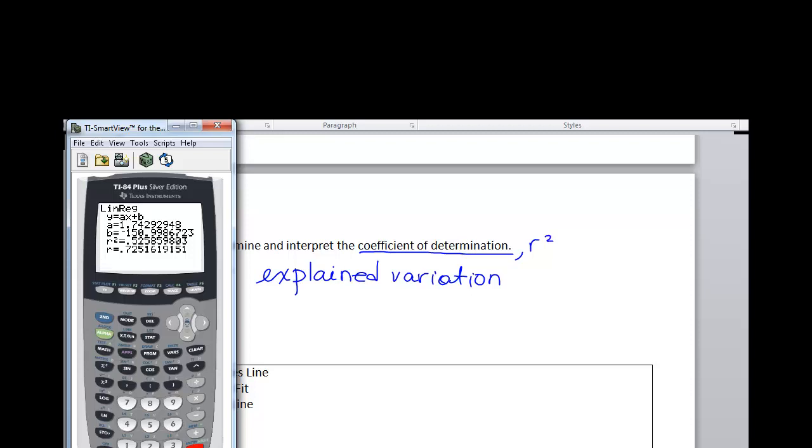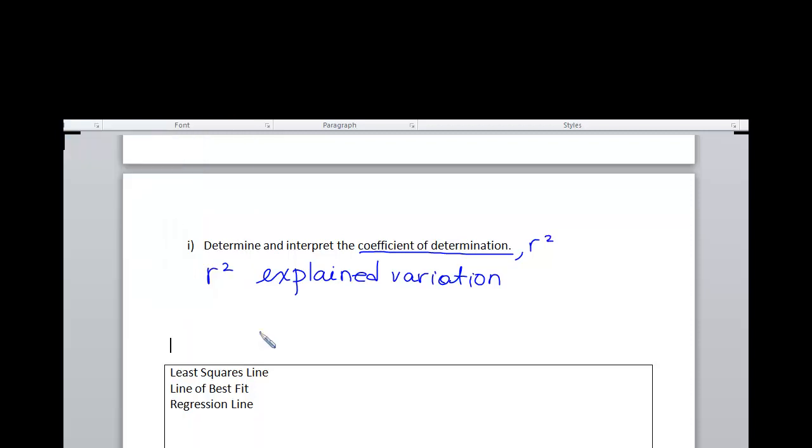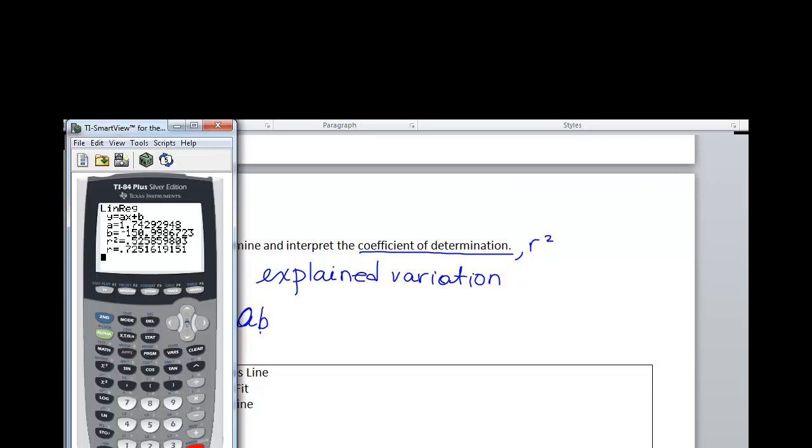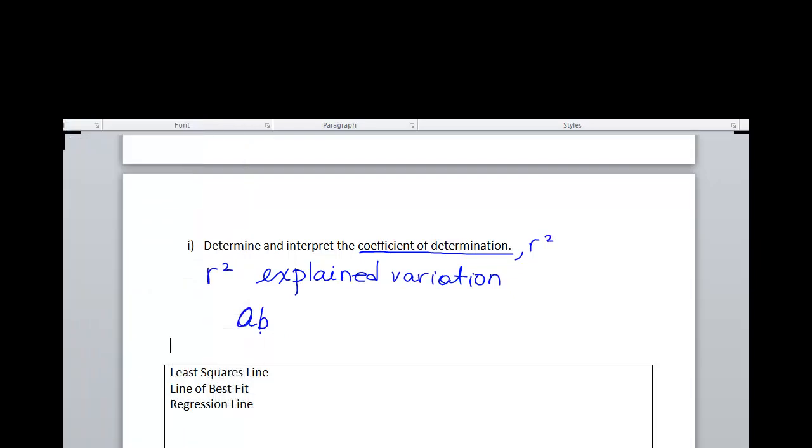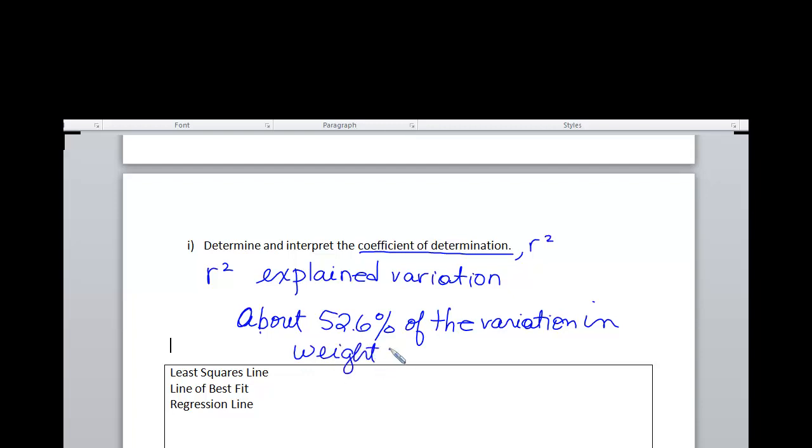Okay, so what I can say is that, I'm sorry, not 56%, but 52.6% of the variation in weight is explained by length.